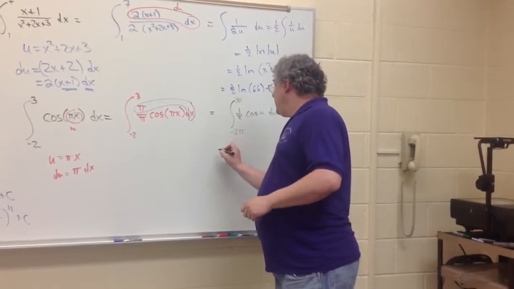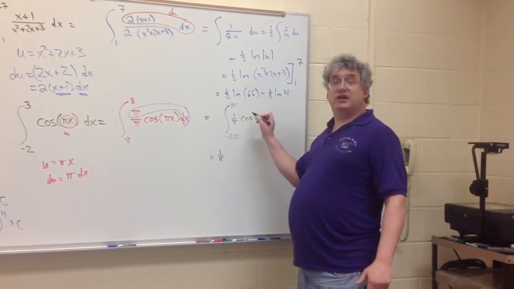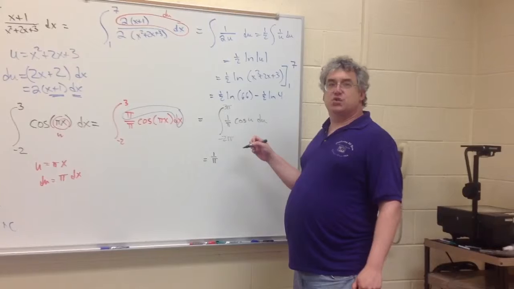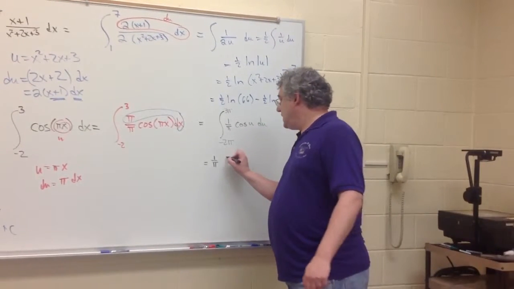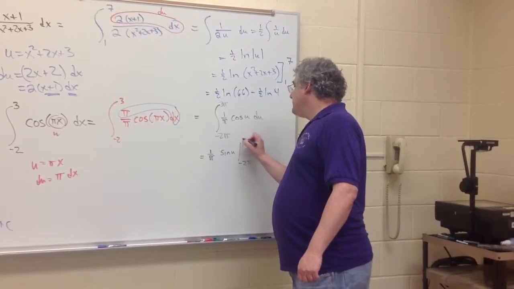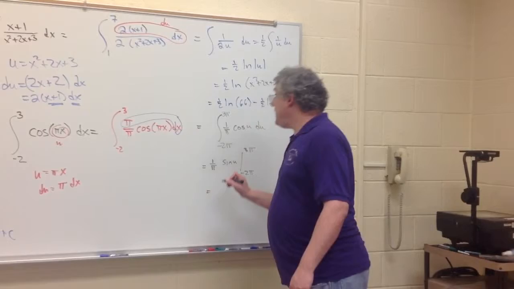So now it's no longer something we have to worry about. I'll pull the 1 over pi out. And then I have to anti-differentiate the cosine of u. What function, in terms of u, produces a derivative that's the cosine? And the answer is the sine of u. Went from minus 2 pi to positive 3 pi. So now we plug values in. Notice we never had to go back to x's.